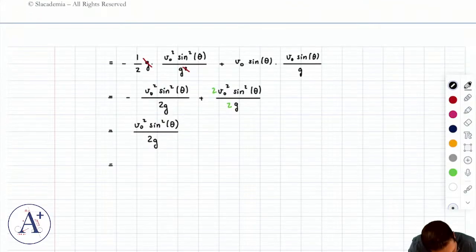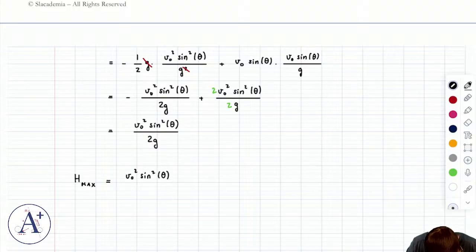We're at the very end now, so we can plug it in. Let me write it this way. We're going to have h max is equal to v naught squared sine squared theta over 2g.